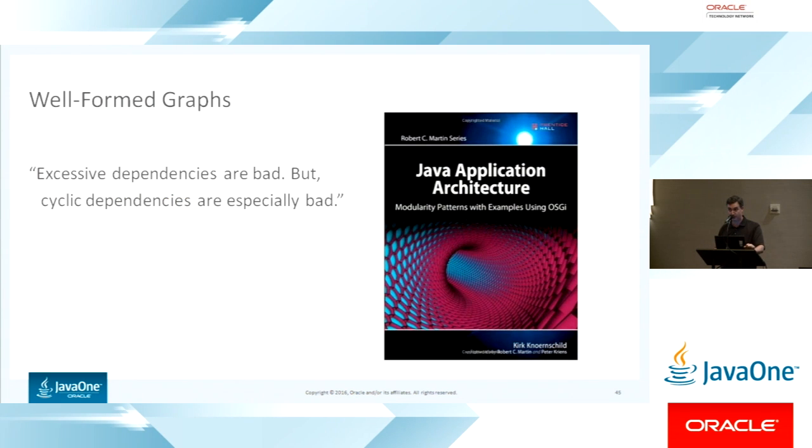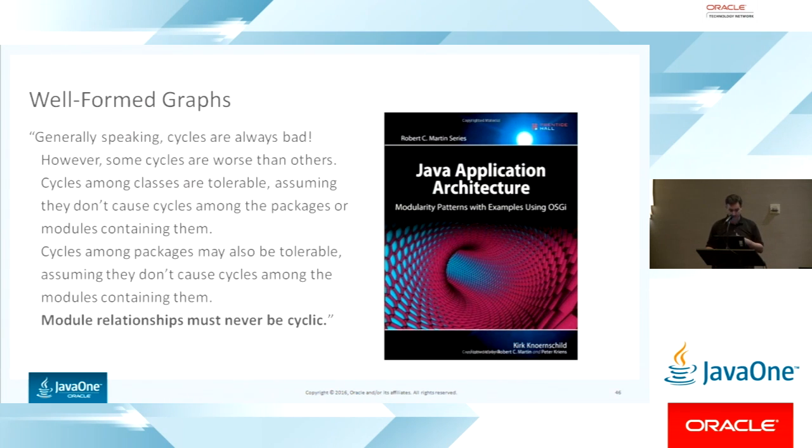We're not the only ones who think like this. Java Application Architecture is an outstanding book about modularity. In a section titled Cyclic Dependencies, the Death Knell, it says, excessive dependencies are bad, but cyclic dependencies are especially bad. It goes on to say, generally speaking, cycles are always bad.